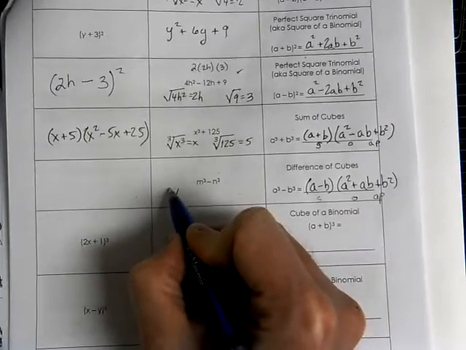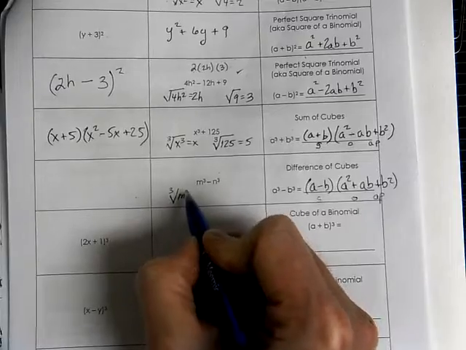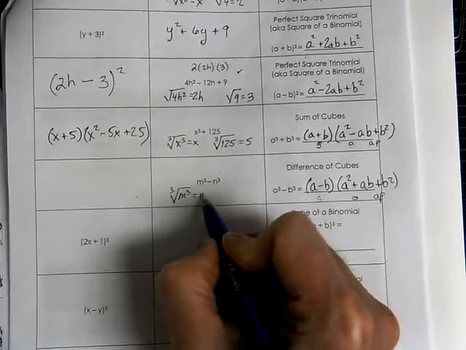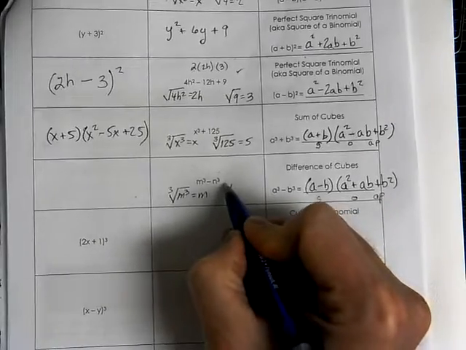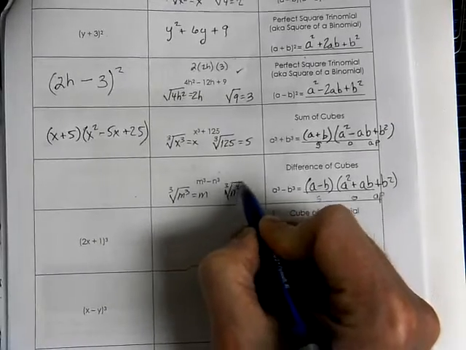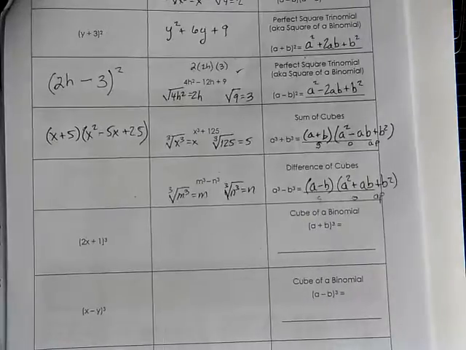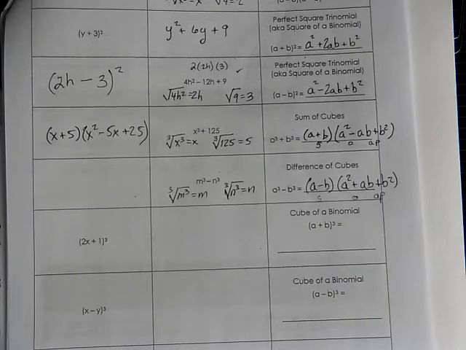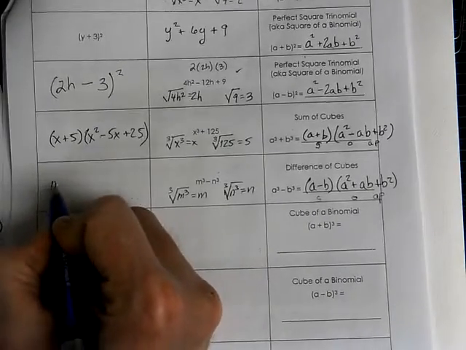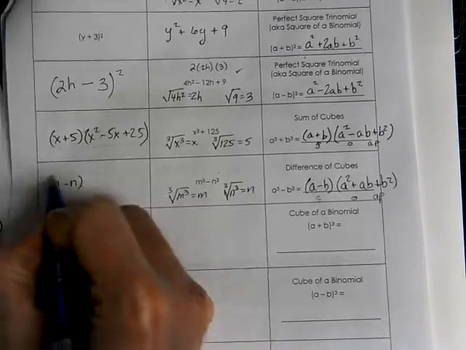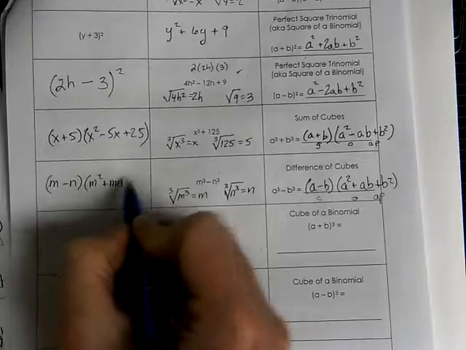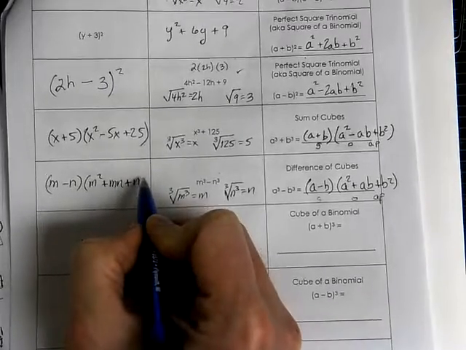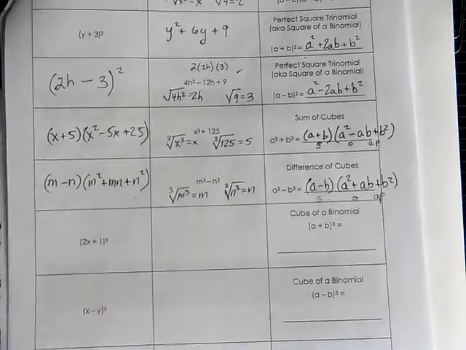So you first want to identify, can you take the cubed root of the first term? If it's cubed, sure you can take the cubed root of it. So we have m and n as the cubed roots. So it's going to be m minus n, m squared plus mn plus n squared.